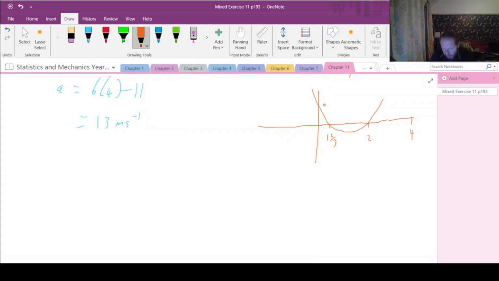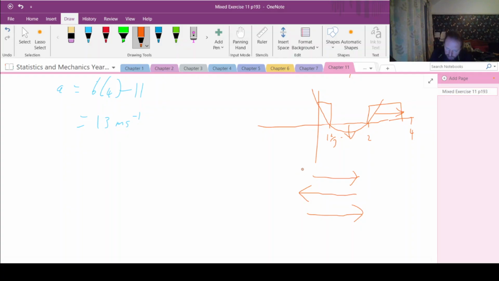We've got a positive direction, but at this point we've got a negative velocity, which means we are now traveling in this direction, and then again we have a positive direction as we come on from 2 up to 4.